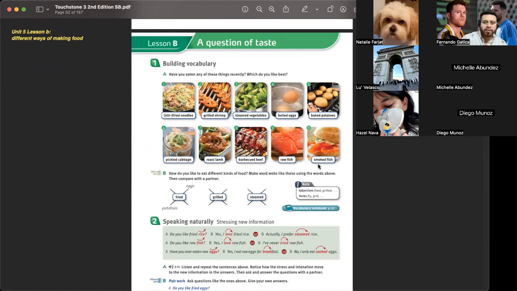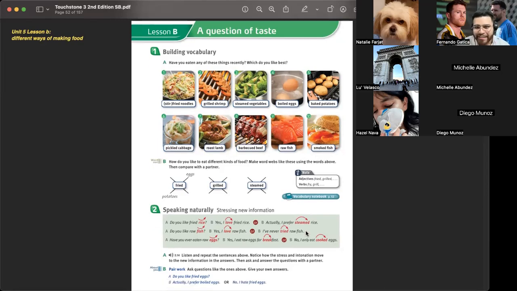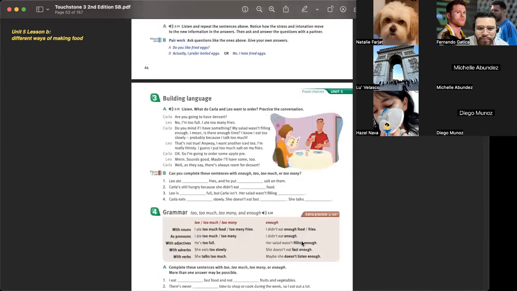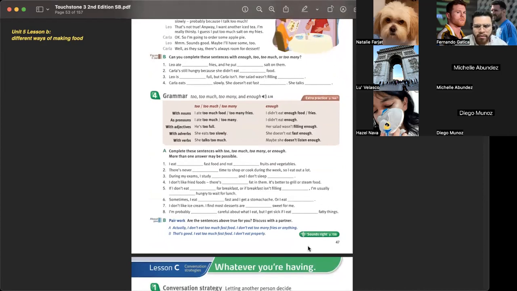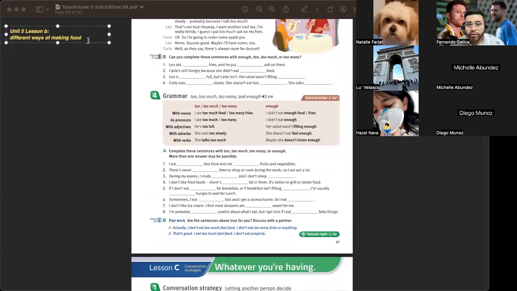The food can be raw and the food can be smoked. Different ways to make food. But that's not important. Well, it's important. You should study those words, especially if you cook, you need to know how to make different foods. But the most important thing here is that we talked about too and enough.